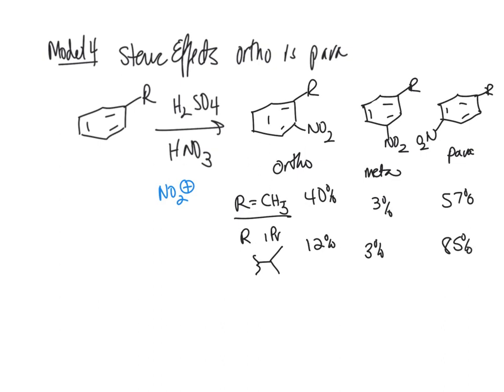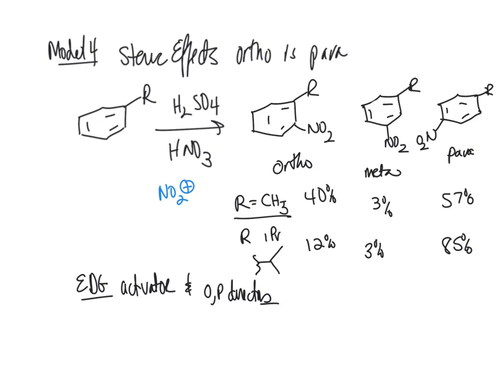Consider the nitration of the alkyl benzene in Model 4. When R is an alkyl group, what nitration products would be formed preferentially? Alkyl groups are electron donating groups, so they're activators. They're going to react faster than benzene, and they're going to be ortho para directors. In Model 4, compare the difference in the product distribution when R is a methyl versus isopropyl.